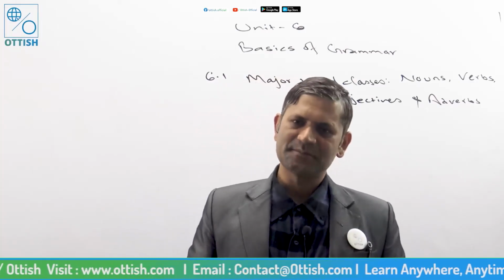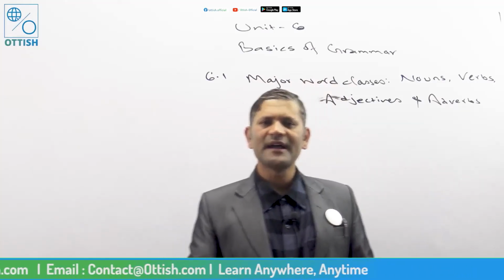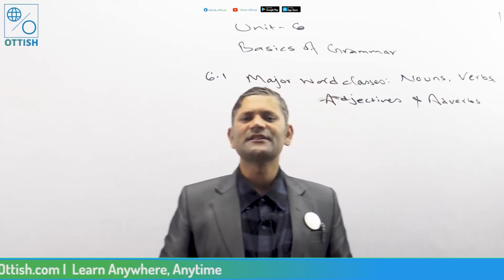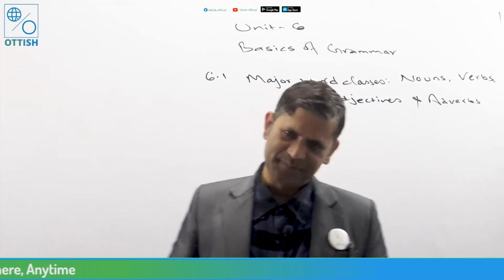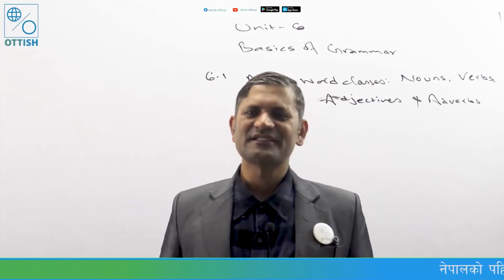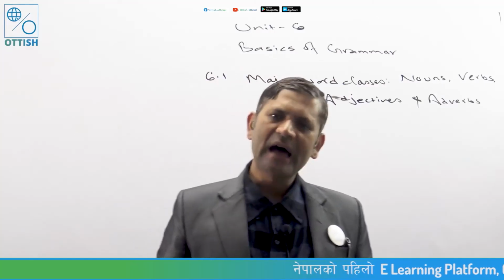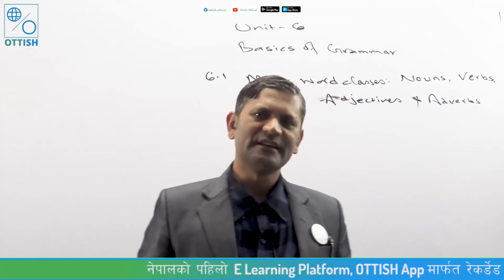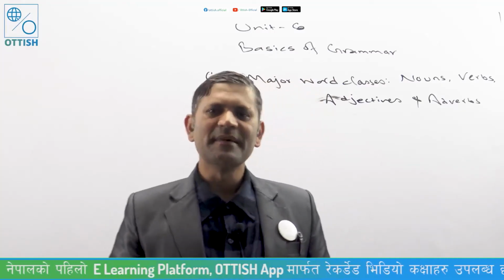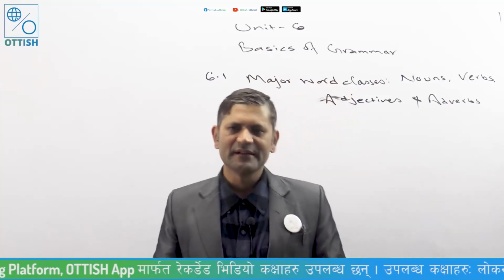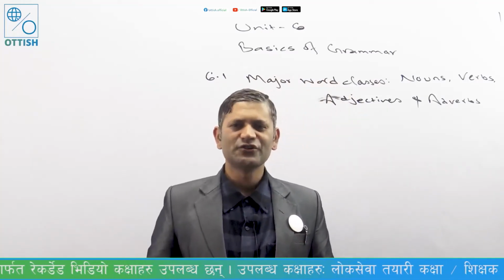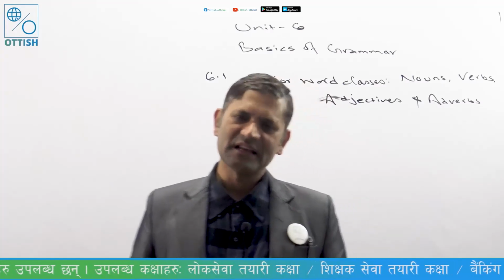Greek grammarians especially identified eight different parts of speech. Those traditional parts of speech are still relevant and are taken as the basics of English grammar, and they are further grouped into major class words and minor class words.